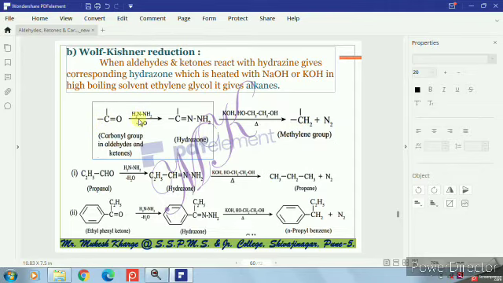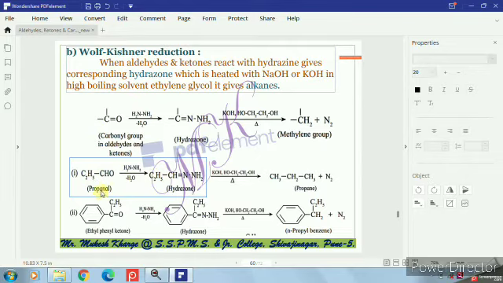But there are two-step reaction. In first step, we have to convert carbonyl group into hydrazone, and then it reacts with alkali in presence of glycol as a solvent, and it gives your alkane as a product. So for example, propanal CH3CH2CHO reacts with hydrazine. This C double bond O is converted to CH double bond N NH2 with loss of water. So CH2 group remains intact.